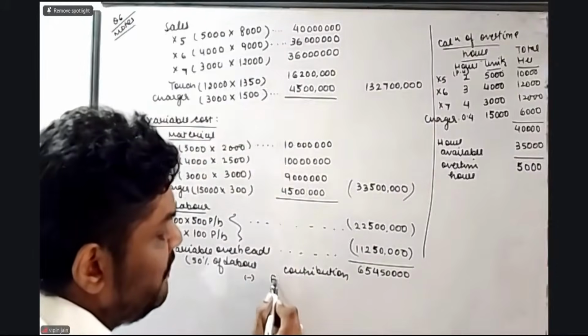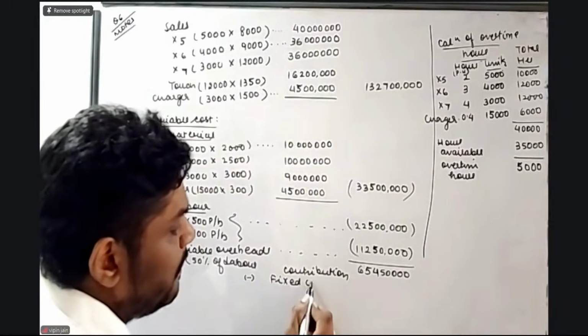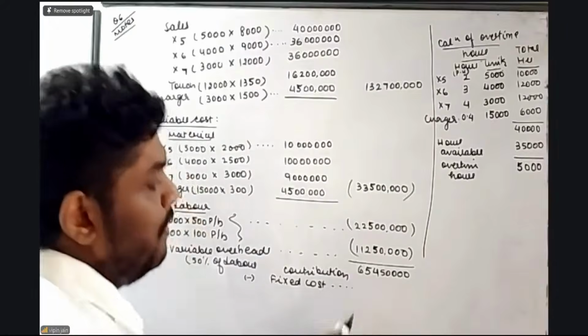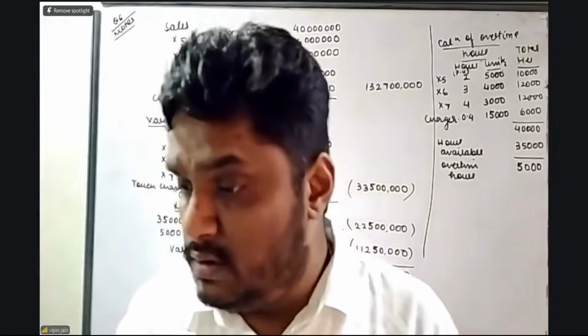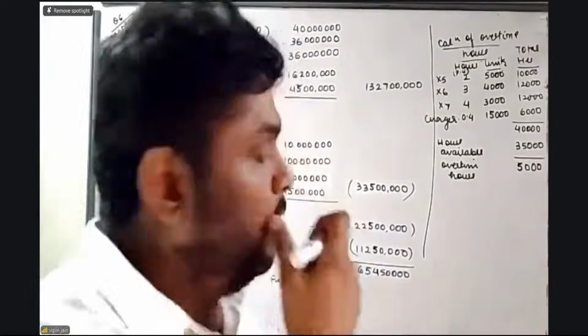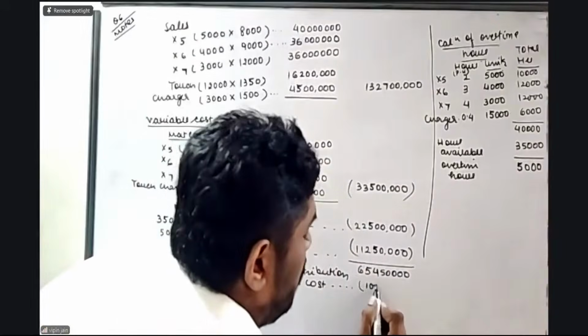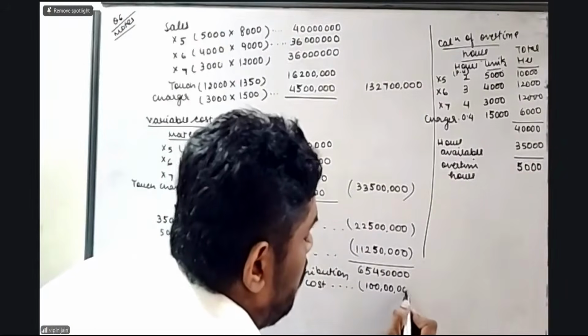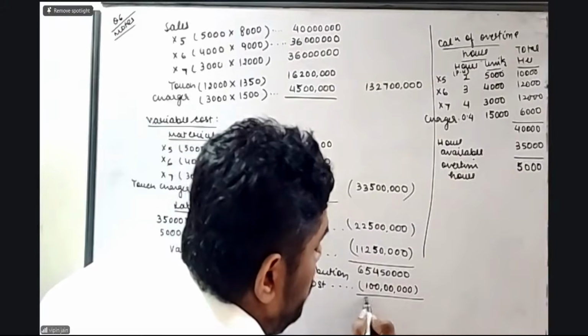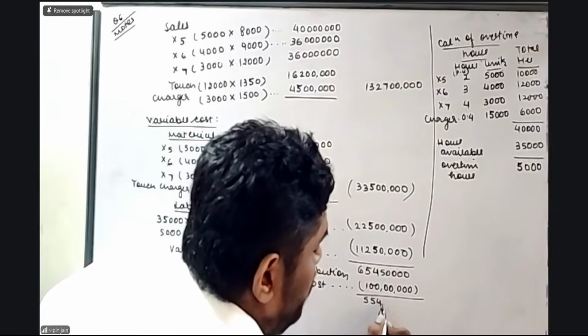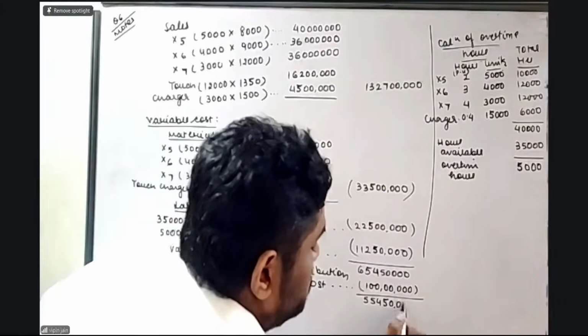If we subtract fixed cost, we'll be getting profit, and the fixed cost is how much? 1 crore. So it will be 5 crore 54 lakh 50,000.